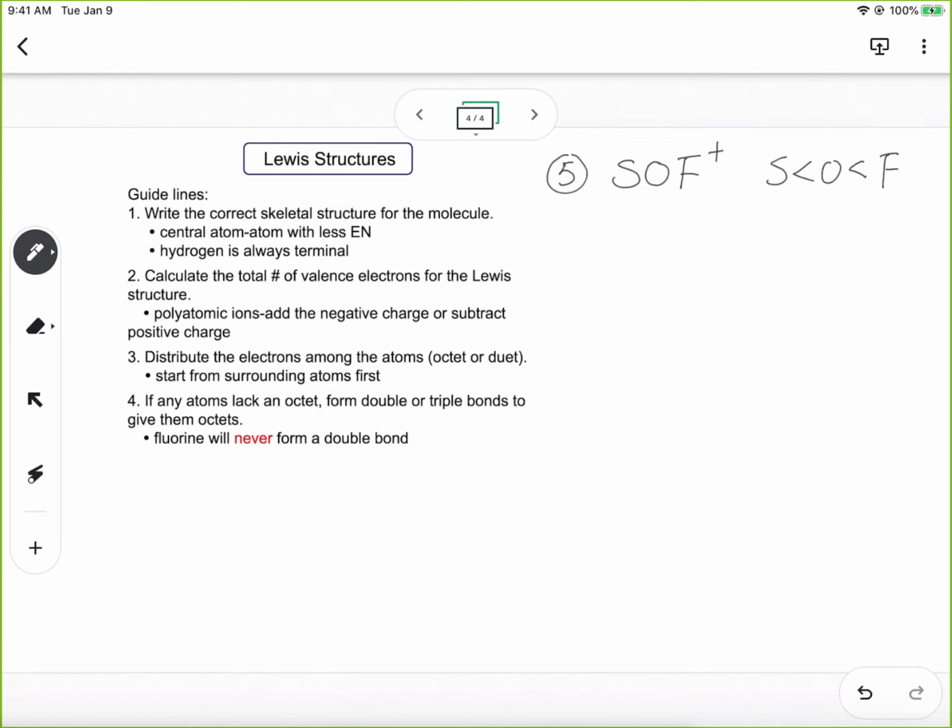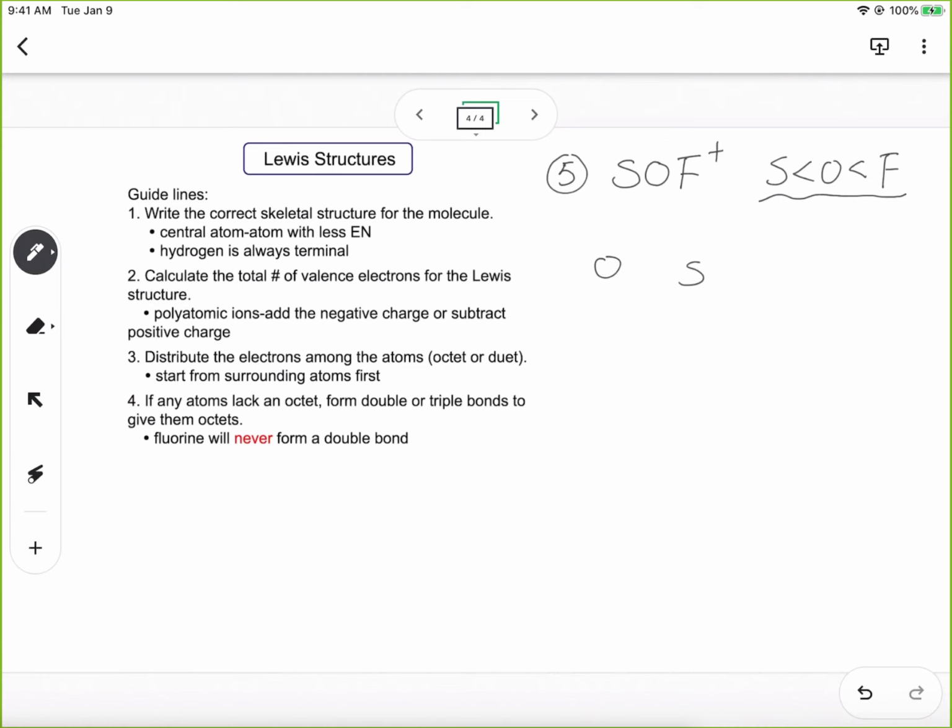If you don't know how I get this, you need to review topic number 1, electronegativity trends across the periodic table. Anyway, this rank tells us sulfur would be the central atom.